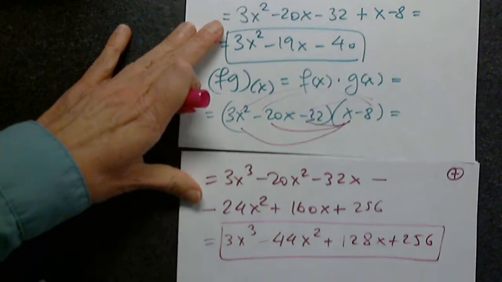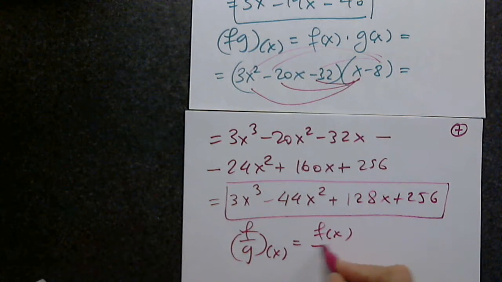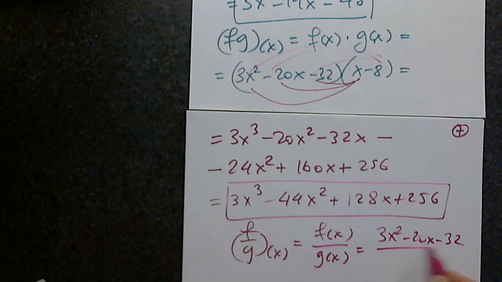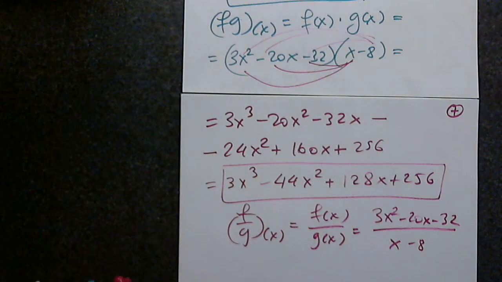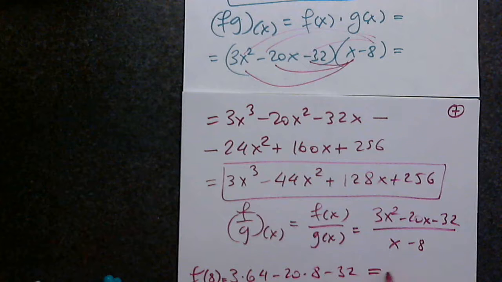And the ratio, since you were asking about the ratio f over g of x, so this is f of x over g of x, and f is 3x squared minus 20x minus 32 divided by x minus 8. Now, since we know synthetic division, what I would do to see if this is a factor of the numerator, I would plug in 8. If f of 8 is 0, then the numerator has a factor of x minus 8.